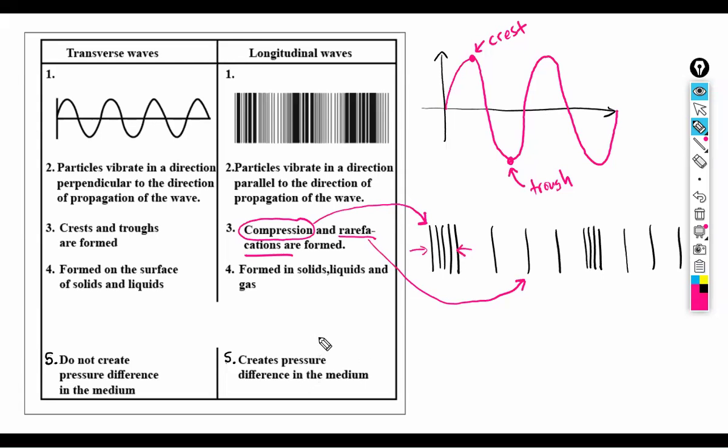An increase in pressure. It's like somebody squeezing you together. The pressure will be more. And of course, when the particles are spaced out more, there is less pressure. So longitudinal waves create a pressure difference when moving through the medium.